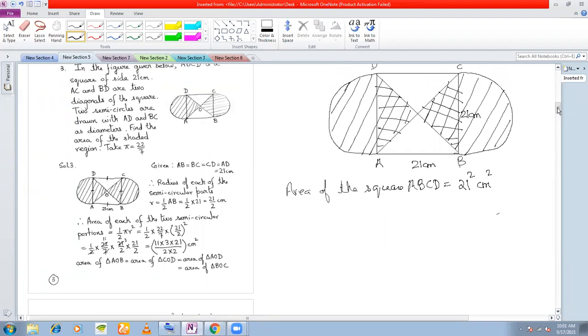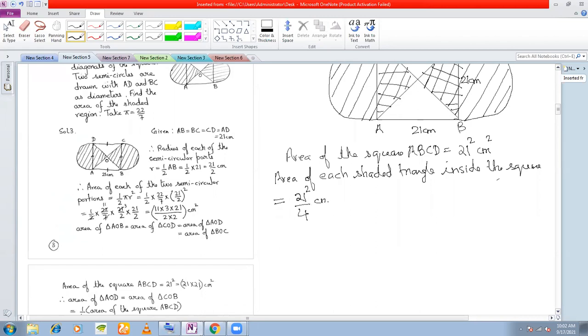Therefore, what is the area of each shaded triangle inside the square? Because this square consists of four triangles of equal area. Therefore, area of each triangle will be area of the square, which is 21 square divided by 4, right? Centimeter square.